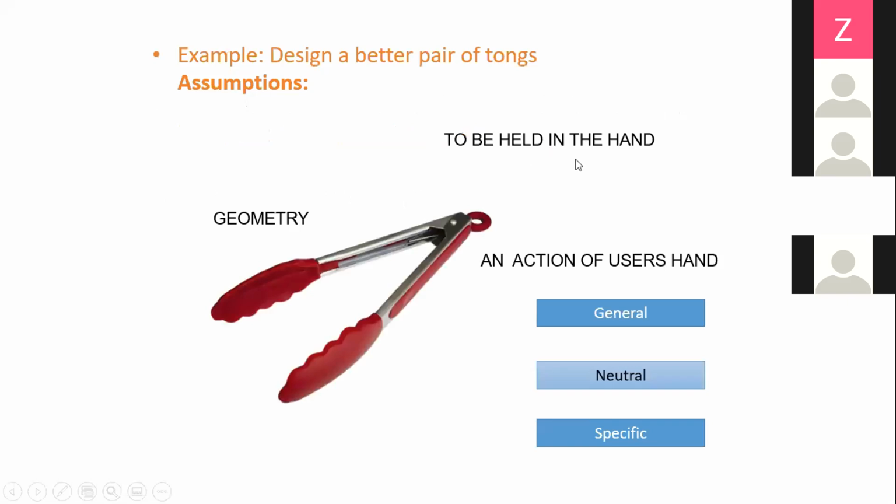So when we see this particular statement, we are assuming a few things, that it is to be held in the hand. We are thinking of the geometry because we are familiar with some kind of a tong from our daily life, and we know the action of the user's hand, that usually it has two stick-like things, and they are connected here, and the user will bring these two together to ultimately hold the item.